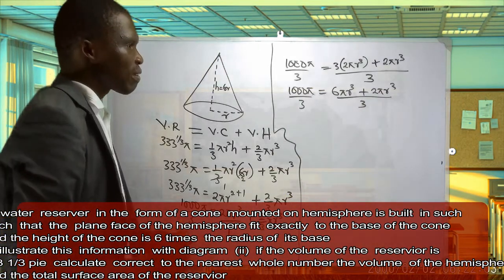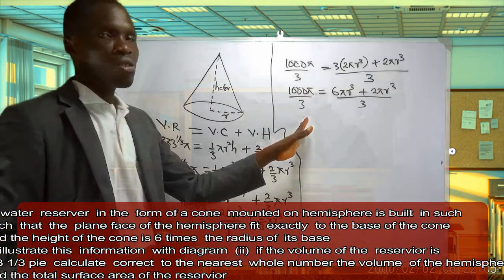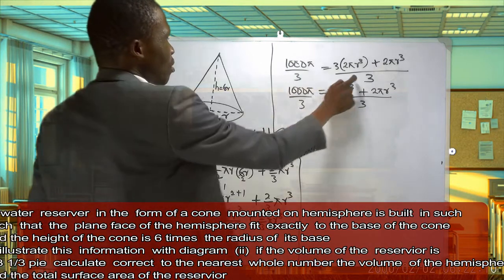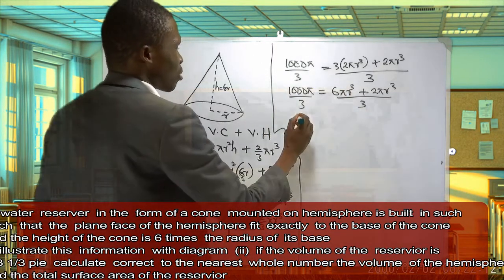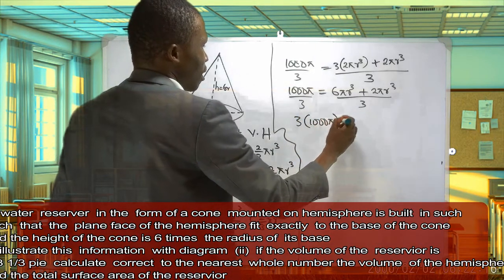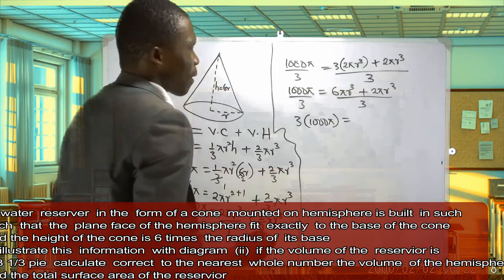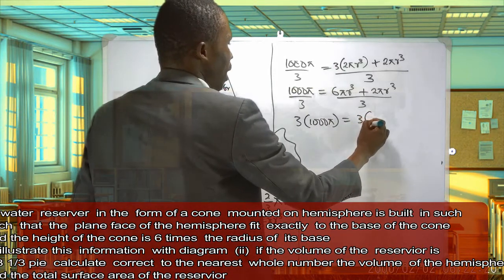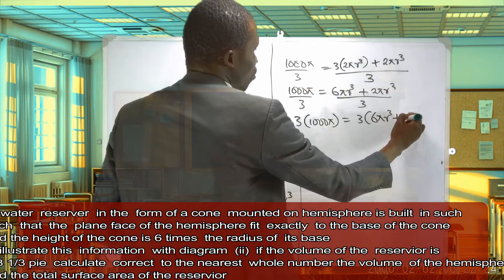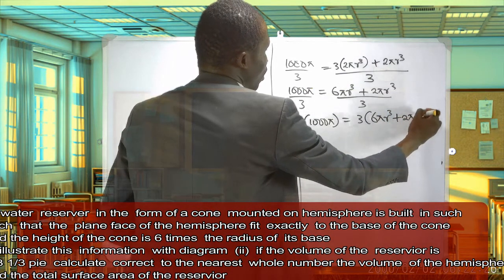Now from here we can do what we call cross multiply. This 3 will multiply this, and this will multiply this. Doing that, we are going to have 3 brackets 1000 pi equals 3 brackets 6 pi r cube plus 2 pi r cube.